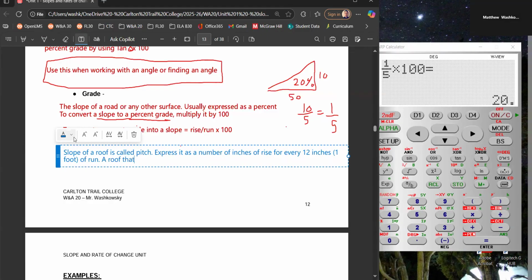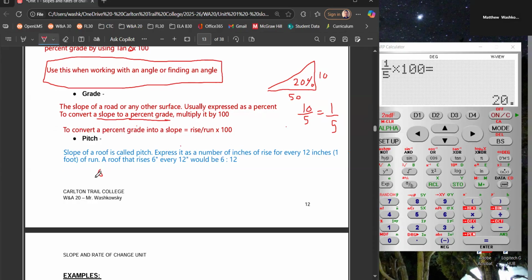So a roof that rises 6 inches, you notice when I'm putting these quotes, that is inches, every 12 inches would be 6 to 12. You notice that I'm putting it as a ratio.